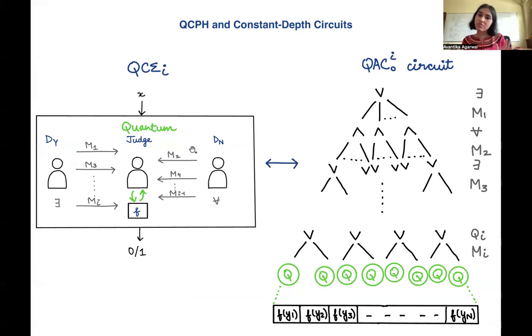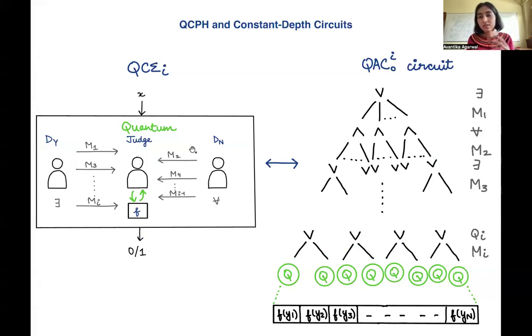First, the circuit has a classical circuit of depth i, containing alternating layers of OR and AND gates. This is followed by a layer of quantum query algorithms, which come from the fact that the judge is now a quantum judge. So a depth i classical circuit followed by a single layer of quantum query algorithms is what we call a QAC0 circuit.